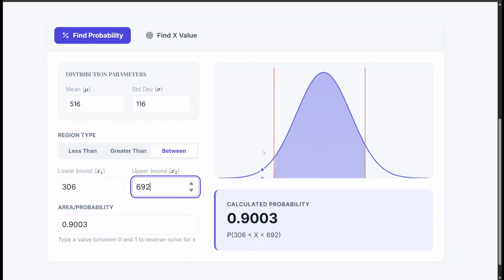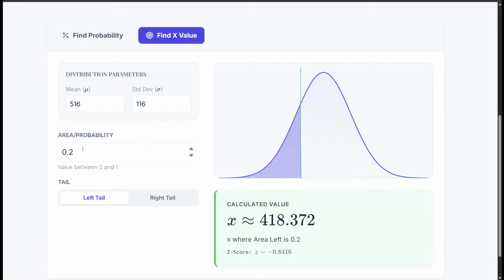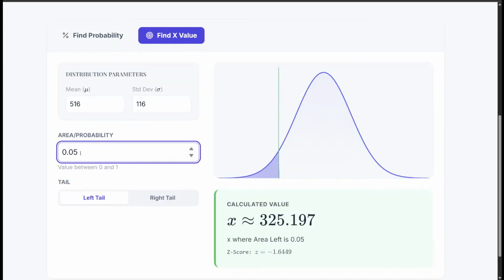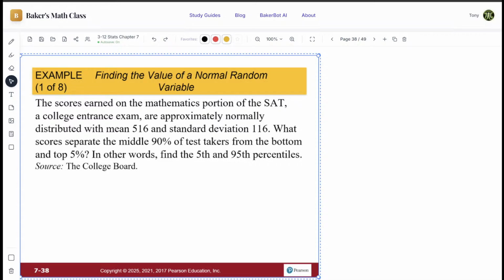So what percentage is going to be down here? Why 5? Right. So if I want 90% in the middle, there's 10% left over, right? So I'd want 5% on either side of it. Okay. So if we go to this one and I do 0.5, that's now going to give me the lower 5%. So that's 325.